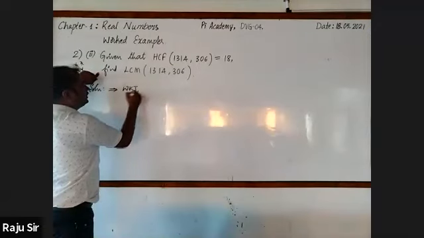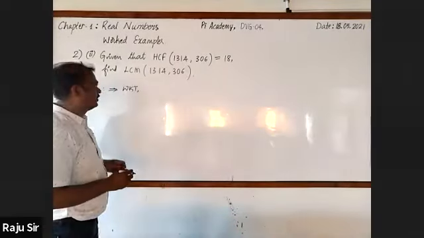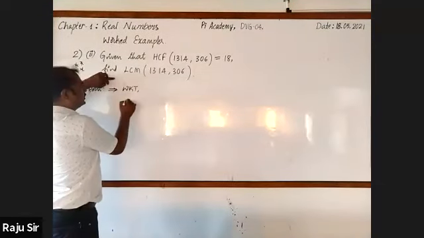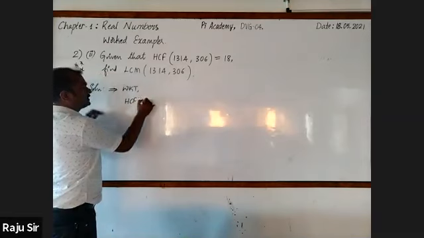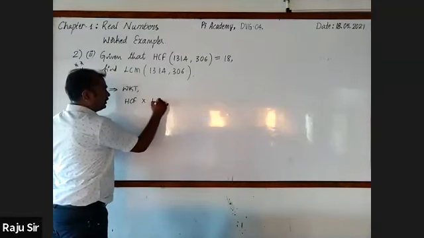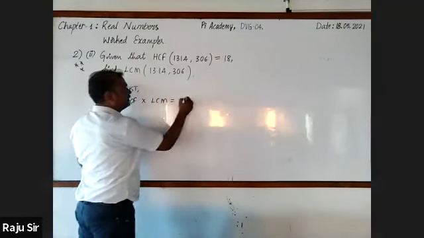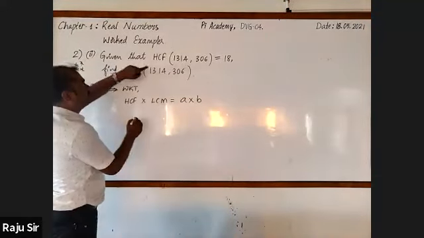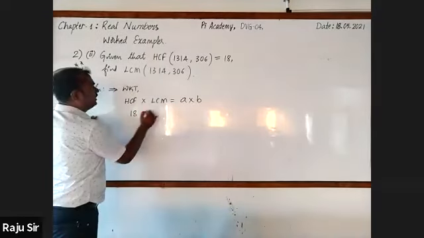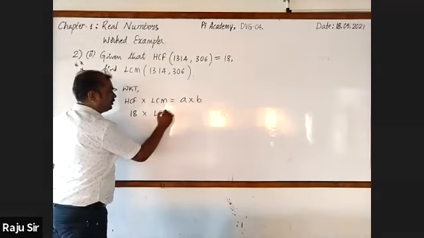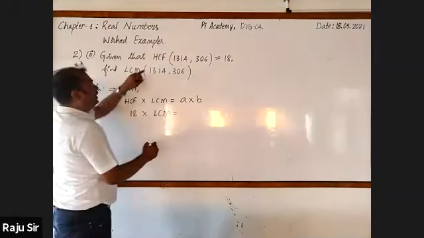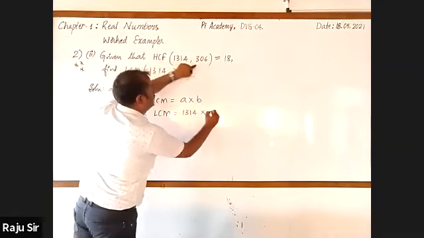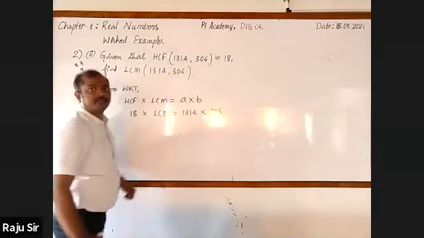Okay, if your writing is over, just observe the book. We know that the product of HCF and LCM is equal to the product of the given numbers, that is A into B. HCF is 18 and LCM is unknown. This is equal to A into B. The given numbers are 1314 and 306.